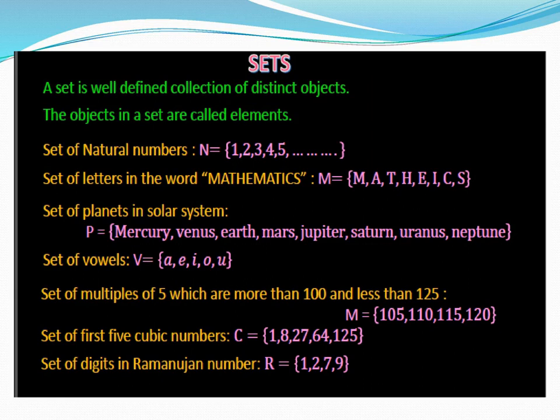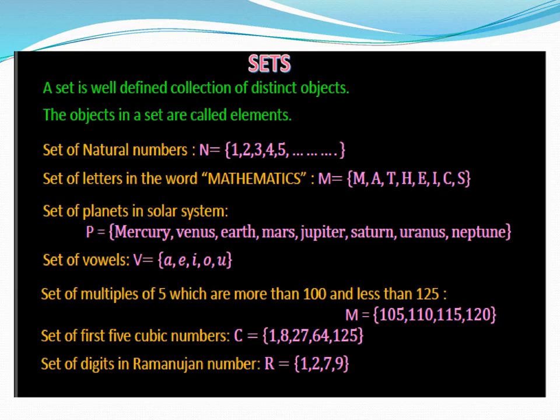Even if it repeats 2 or more times, you don't write it again. Then we write I, C, S. So the letters in the word mathematics can be represented as the set M equal to the set of M, A, T, H, E, I, C, S, and every element is separated with a comma.